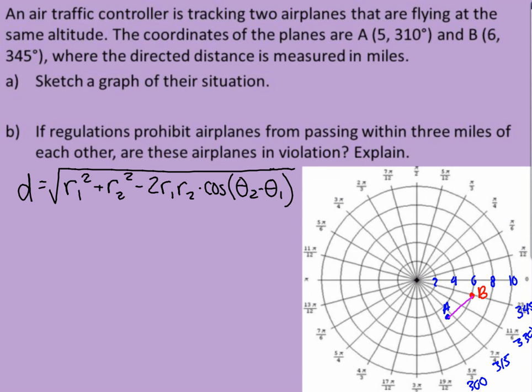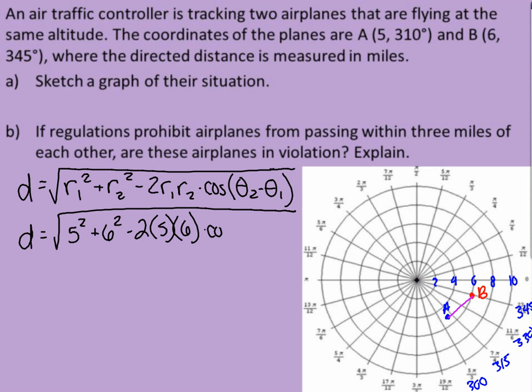Now, depending on what information they give you in the problem will determine if your calculator needs to be in degrees or in radians. If your angle measures in degrees, your calculator needs to be in degrees. If your angle is in radians, then your calculator should be in radians. So we're going to have 5 squared plus 6 squared minus 2 times 5 times 6 times the cosine of 345 minus 310.